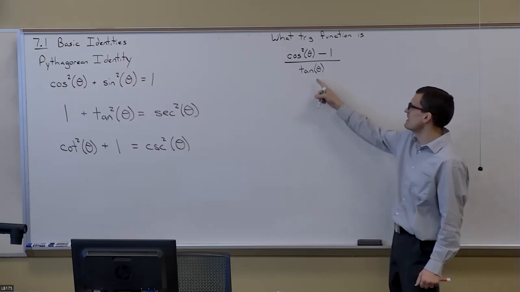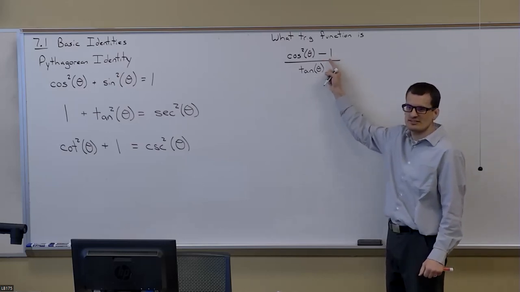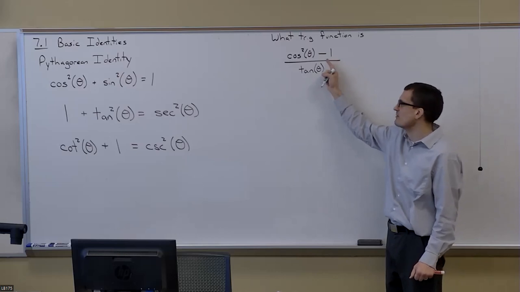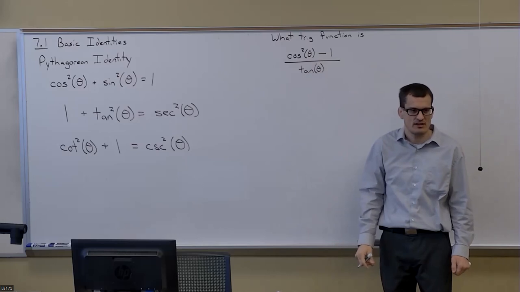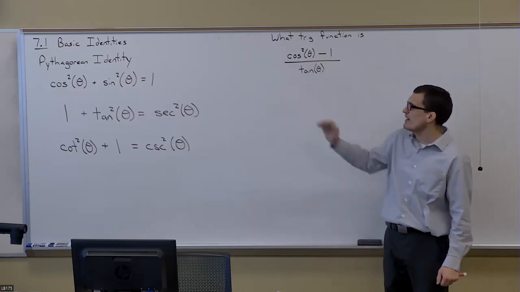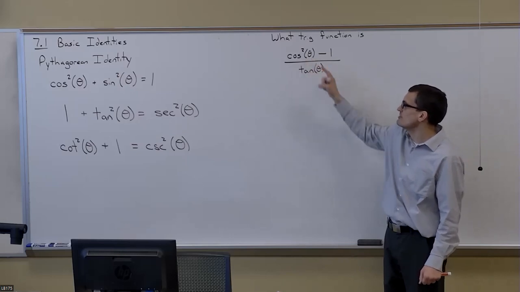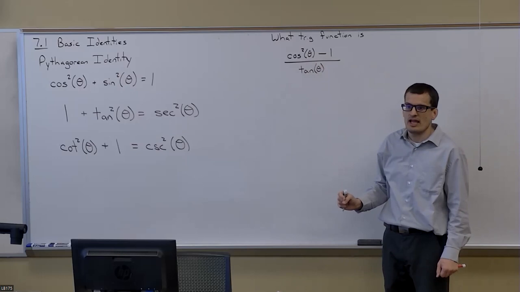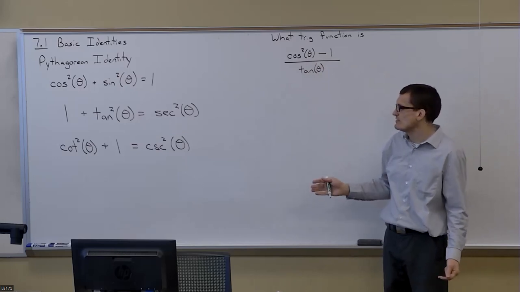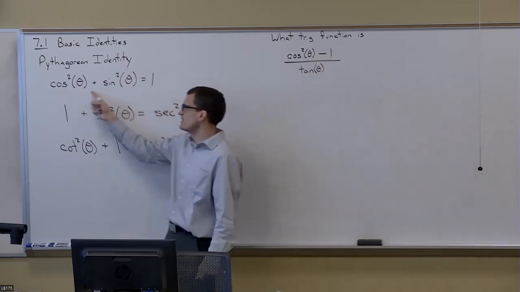Not really in this case, because we have this minus 1 as a sticky point. I can't do that right here. So I look at my Pythagorean identities. There's one that involves cosine squared.